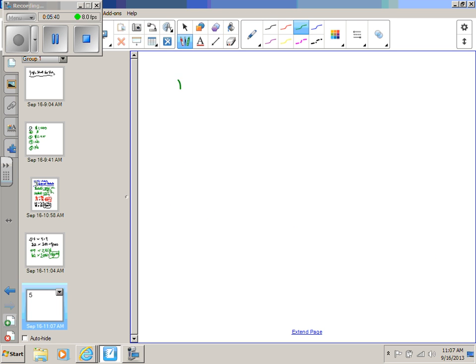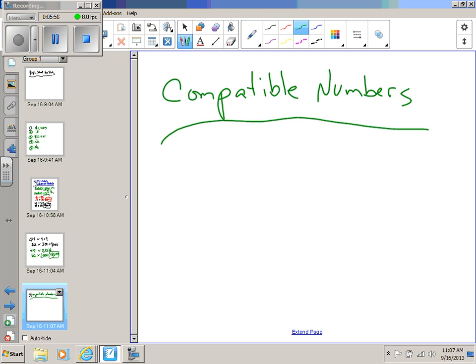There is one other part. If our lesson was estimating products and quotients, we've covered the products. Compatible numbers is the method that you'll primarily use when we divide.